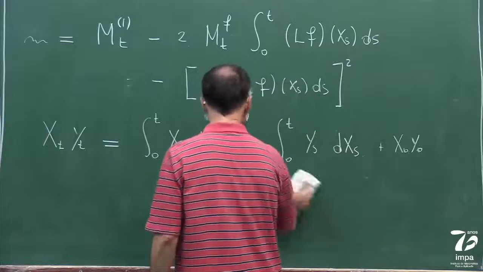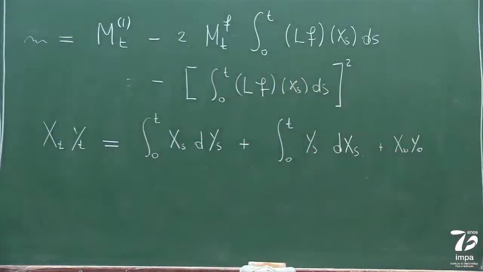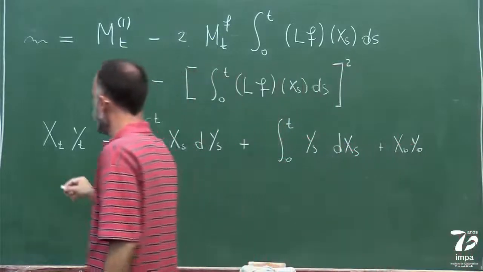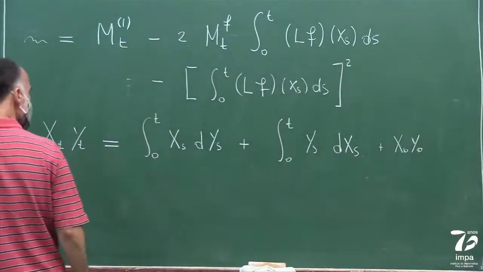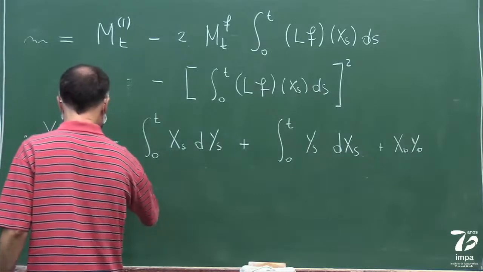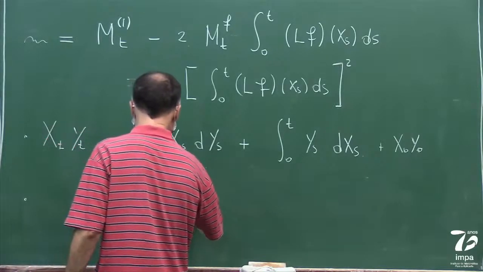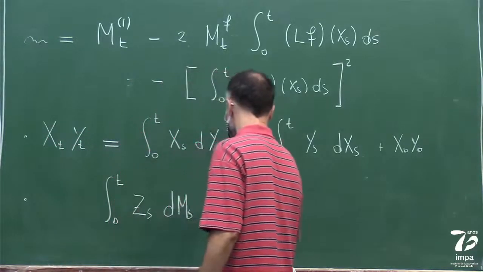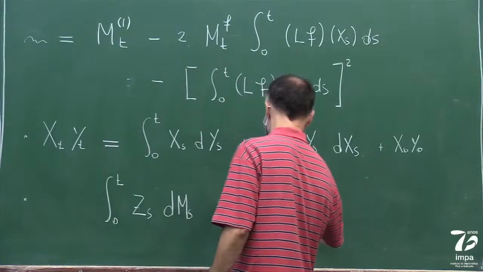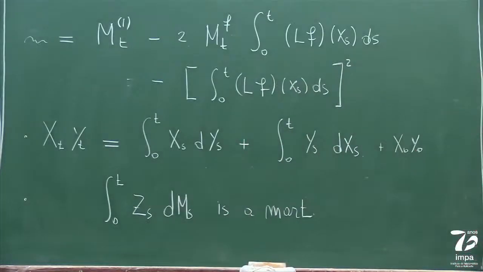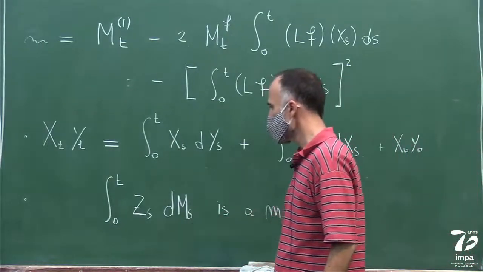So check what I'm saying, and let me use this identity. I will apply this identity to this term, and then I will use the following fact, which I won't prove: if you have a process Z_s which I'm integrating with respect to a martingale, this is a martingale. You'll learn that when you learn Ito integration theory.